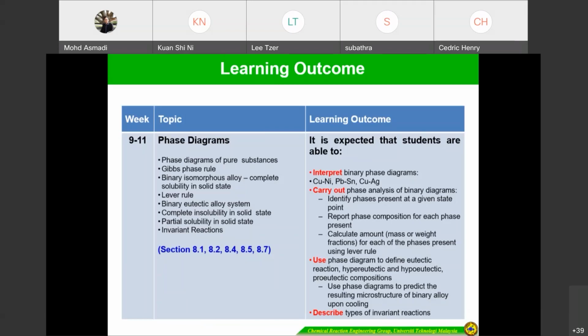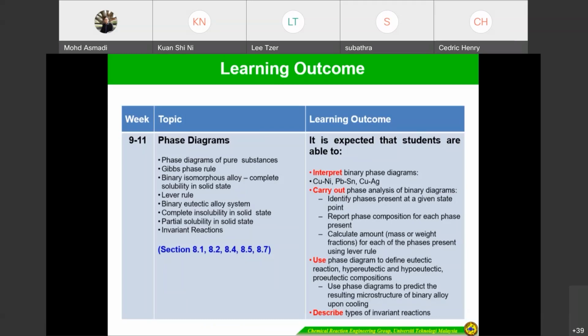So I hope that you can interpret the binary phase diagram. What information can we get from the phase diagram? For example, copper-nickel, platinum-tungsten, and copper-mercury. Carry out phase analysis of a binary diagram, so you know how to determine the composition of each phase.